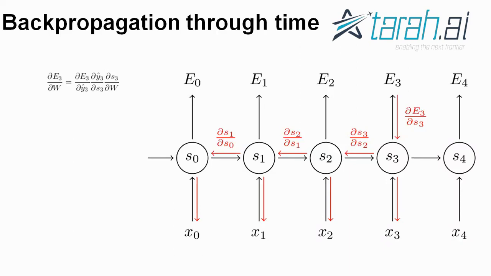And if you look at the computation of delta with respect to W, it will be as good as chain rule multiplication of delta of E3 by delta at Y3, then delta of Y3 at S3, then delta of S3 divided by delta of W.